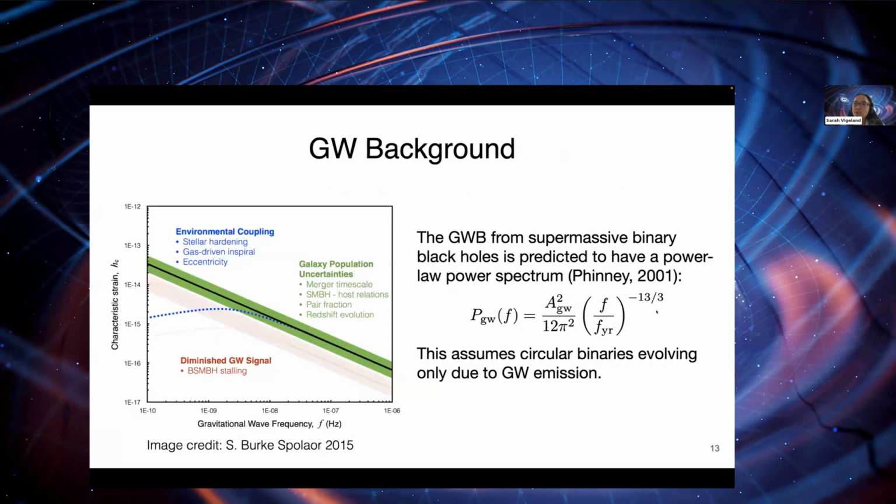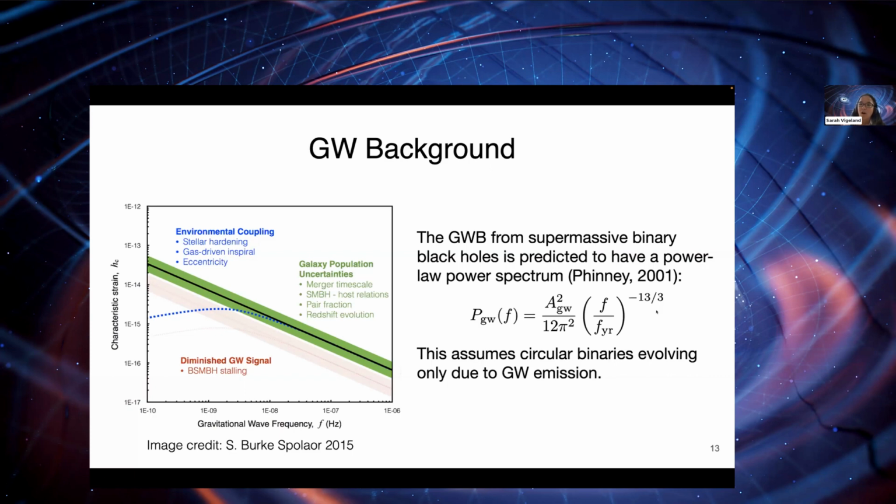Now, in addition to individual sources, pulsar timing arrays are sensitive to the gravitational wave background, which is made up of gravitational waves emitted from all of the supermassive binary black holes in the universe. And for a while now, theorists have predicted that the gravitational wave background is actually the dominant source at these frequencies.